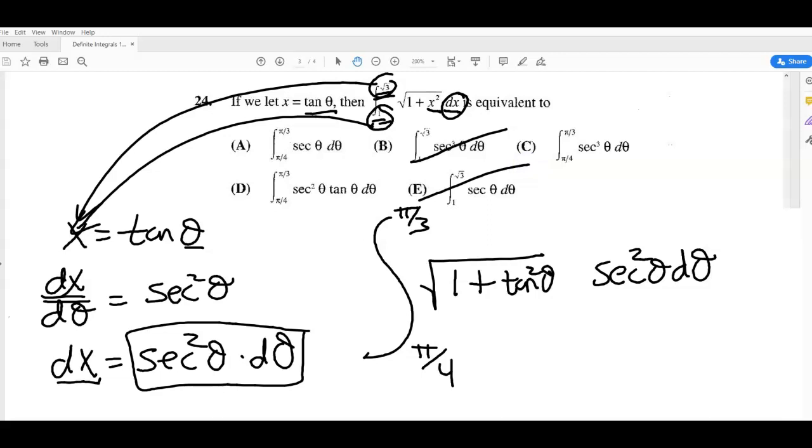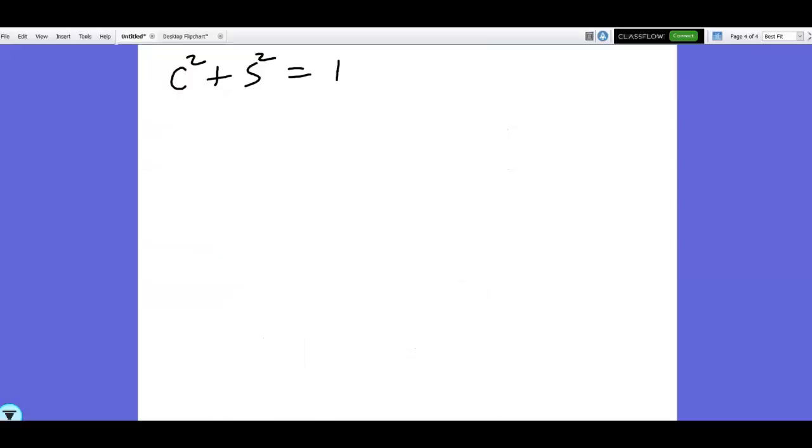All right. At this point, you got to know your trig identities once again. What is 1 plus tangent squared theta equal to? So I don't really remember that one either, so what I do is I just try to figure it out, but some people have memorized them, and if you haven't memorized, just use it.